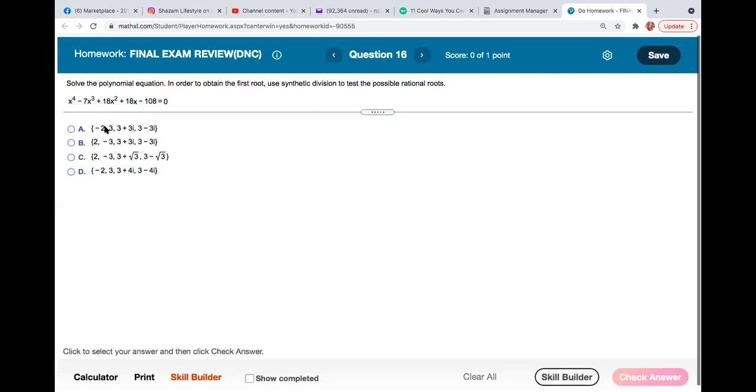And why am I starting with the +2? It's because, guys, it's easier to work with a positive than it is to work with a negative. So I'm trying out the 2 to see if it makes the polynomial equal out to 0. And if it does, then that means that my answer is either going to be B or C.